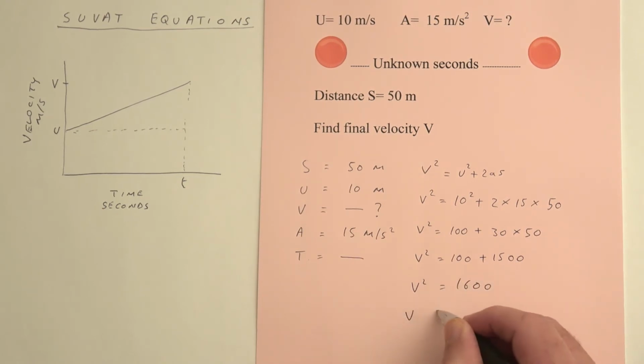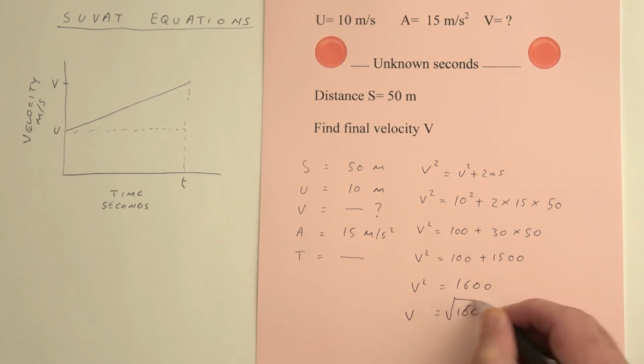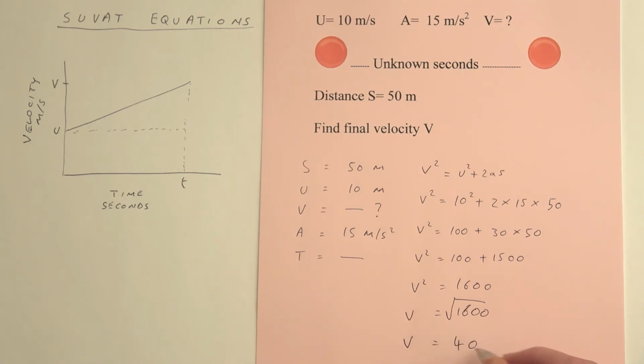And the square root of, let's see. Well, the square root of 16 is 4, so that's going to be 40, isn't it? Done.